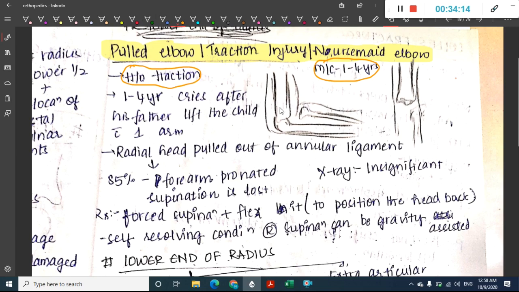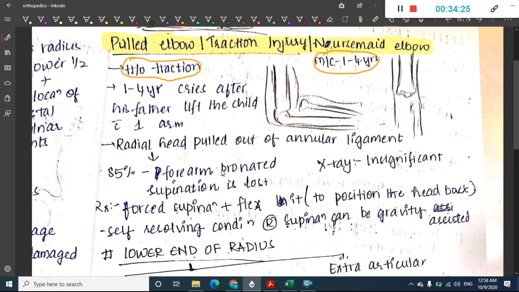In this, the radial head has come out of the annular ligament. In 85% of the cases, the forearm is pronated and supination is lost. X-ray is mostly insignificant.